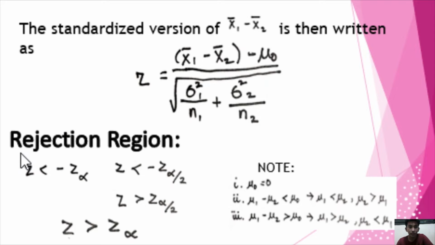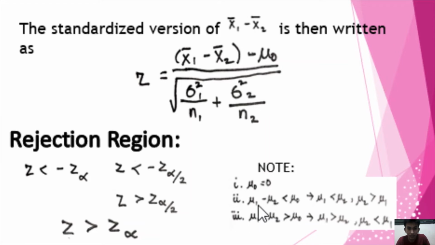Now, rejection region. Z is less than negative z alpha. Z is less than negative z sub alpha over 2, or z is greater than z alpha over 2. Then z greater than z sub alpha. Note, mu sub 0 is equal to 0.